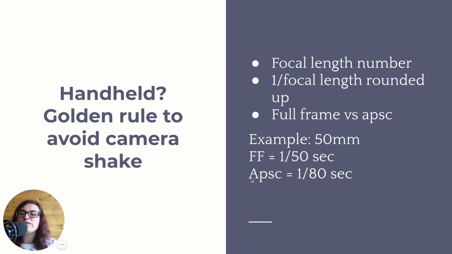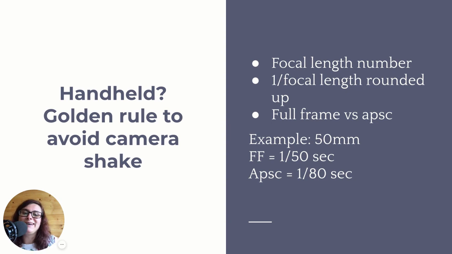And this changes for cropped sensor cameras because obviously the sensor is smaller, so there is the multiplying factor for your focal length. So, for example, Nikon cameras have a multiplying factor of 1.5. So if I'm shooting with a 50mm lens, the equivalent of a 50mm lens is a 75mm lens on a cropped sensor camera.